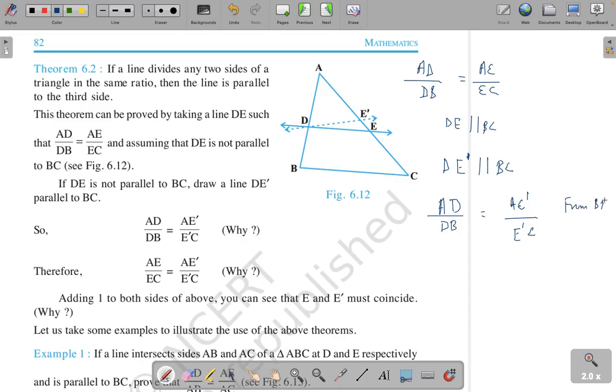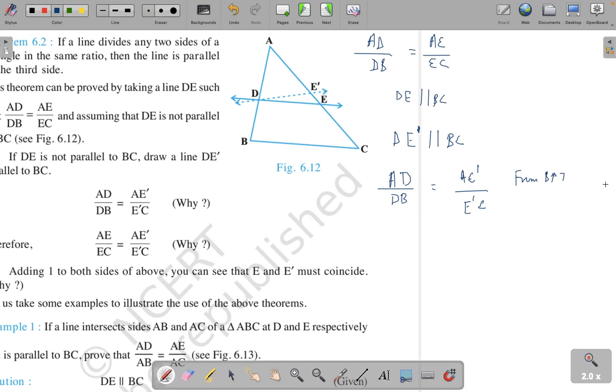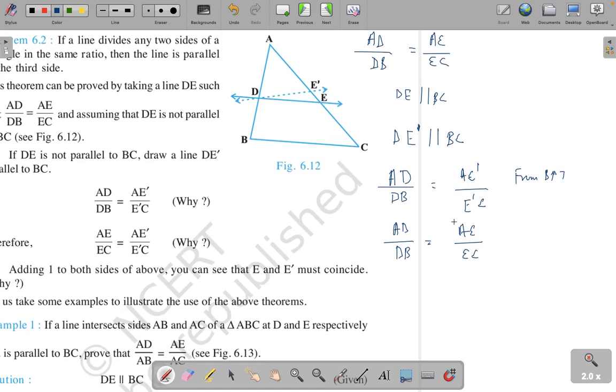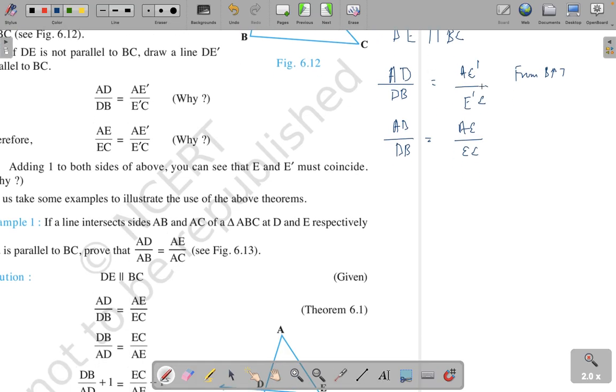And it is also given AD upon DB is equal to AE upon EC. So from these two equations, you can say AE dash upon E dash C is equal to AE upon EC.